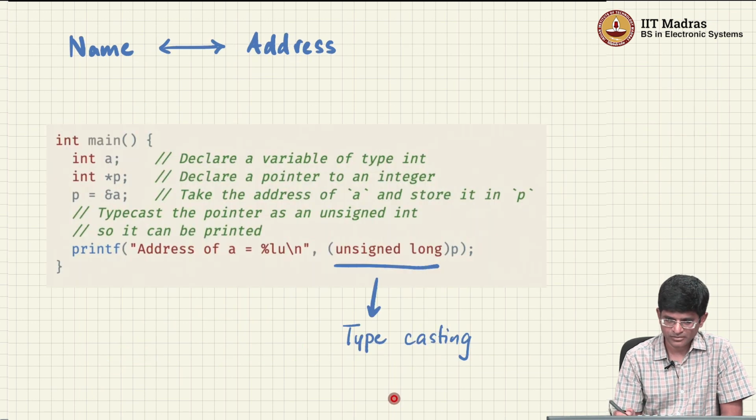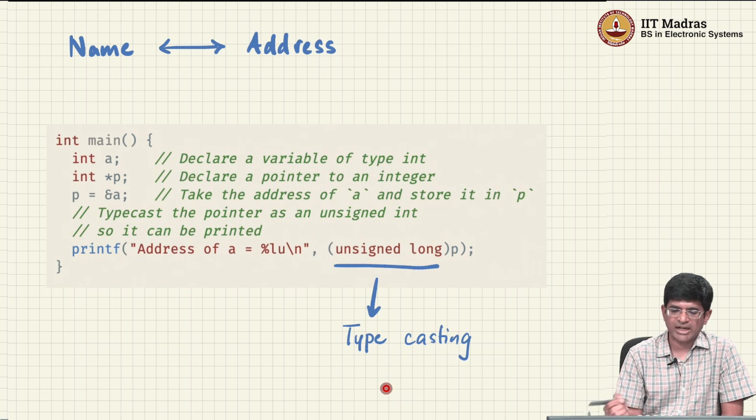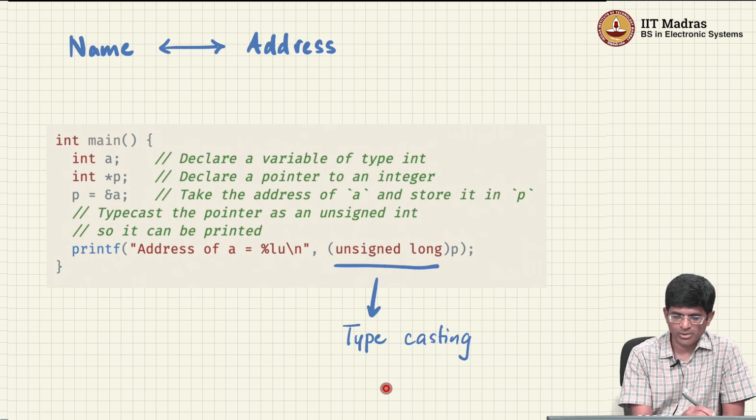So this name to address mapping is the core idea behind what we are trying to do with pointers. This is a small snippet of code that shows that I can declare an integer variable, I can declare a pointer, and I can take the address of a and store it into the pointer.